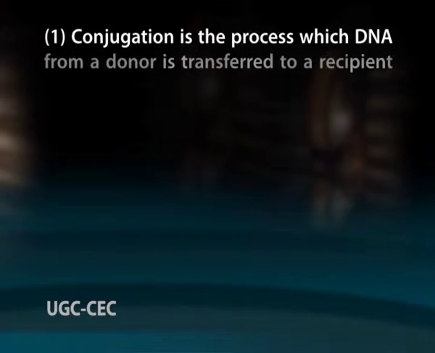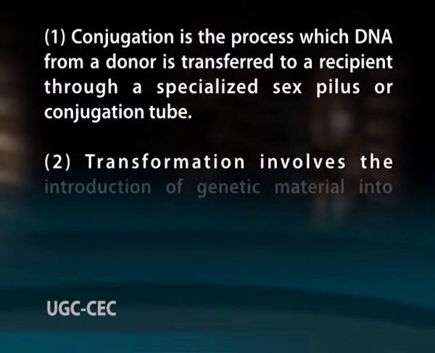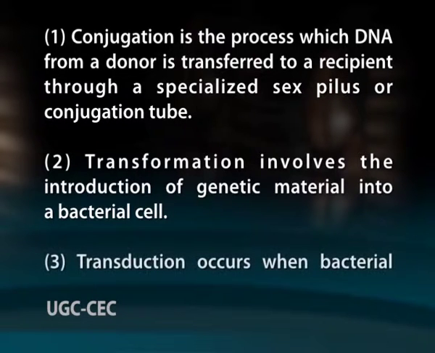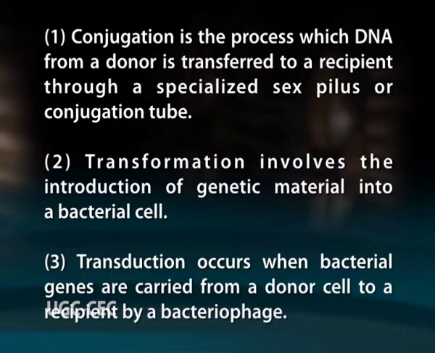Conjugation is the process in which DNA from a donor is transferred to a recipient through a specialized sex pilus or conjugation tube. 2. Transformation involves the introduction of genetic material into a bacterial cell, and the third one, transduction, occurs when bacterial genes are carried from a donor cell to a recipient by a bacteriophage. The most obvious difference between these three processes is the mode of transfer of DNA from one cell to another.